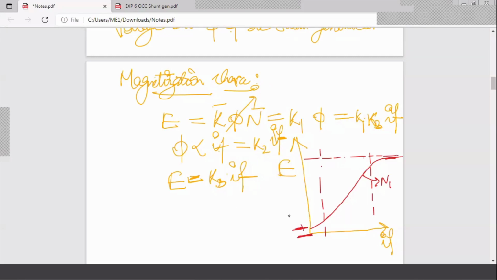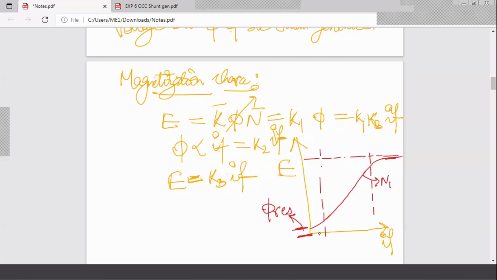This region corresponds to the voltage for residual magnetism. So it may be asked to you why this does not start at the origin. If E is directly proportional to IF, why is it not directly starting? Because even if the field current is zero, there is still some generated EMF being produced. Why? Because of the residual magnetic flux in the machine.